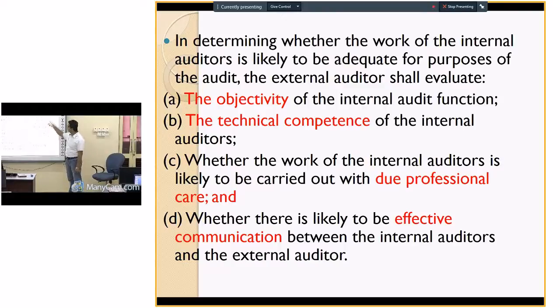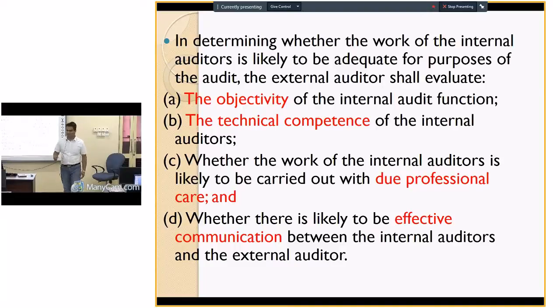So when you are determining whether the work of the internal auditor is adequate for our purpose, you have to evaluate the objectivity of the internal audit function, as we discussed, the technical competence of those internal auditors, whether they keep due professional care, and whether there is effective communication between the internal auditors and the external auditors as well.